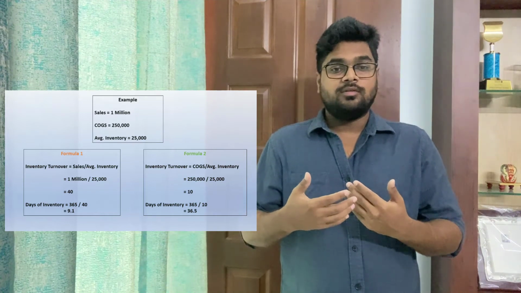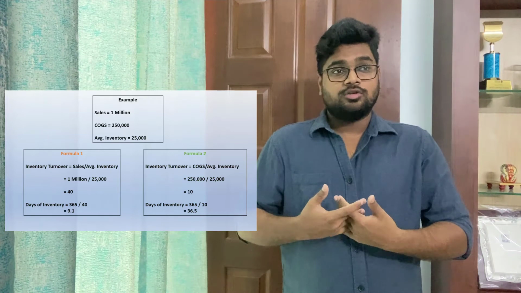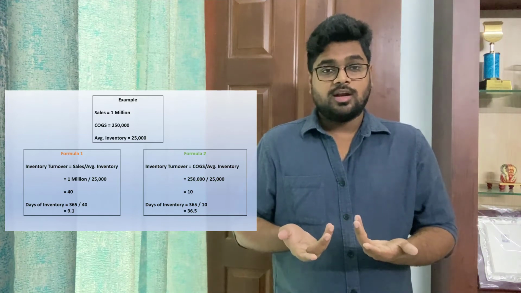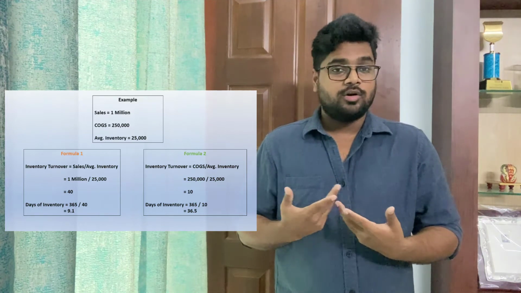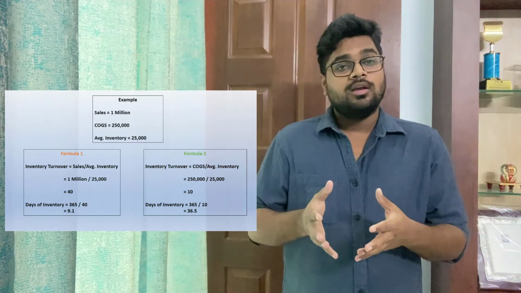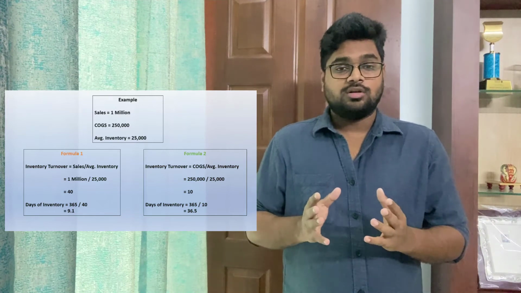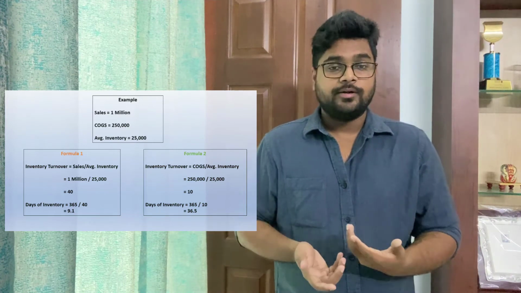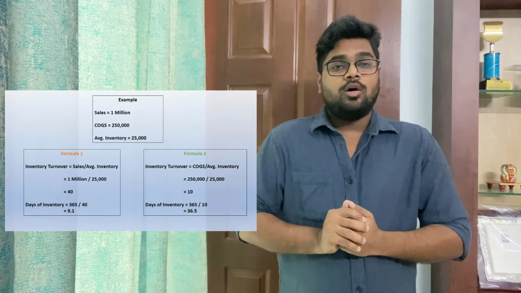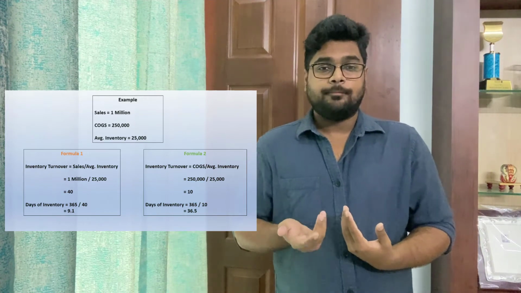Otherwise, there will be loss of potential sales. There can be stock shortage, right? Because you didn't reorder in time. So that's why days of inventory becomes another important formula, which can be calculated along with the inventory turnover ratio, right?